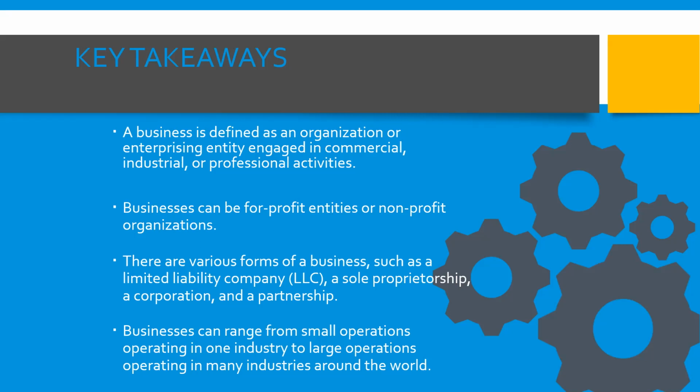So then the key takeaway points in this first video: what is a business? We have discussed what a business is, and the difference between for-profit and non-profit organizations. Then we have spoken also, just briefly actually, about sole proprietorship, corporation, partnership, and so on.